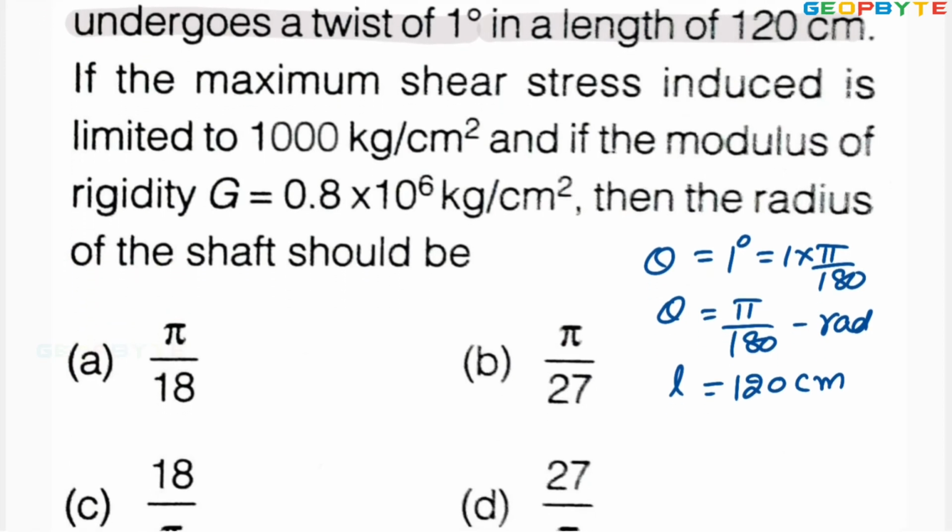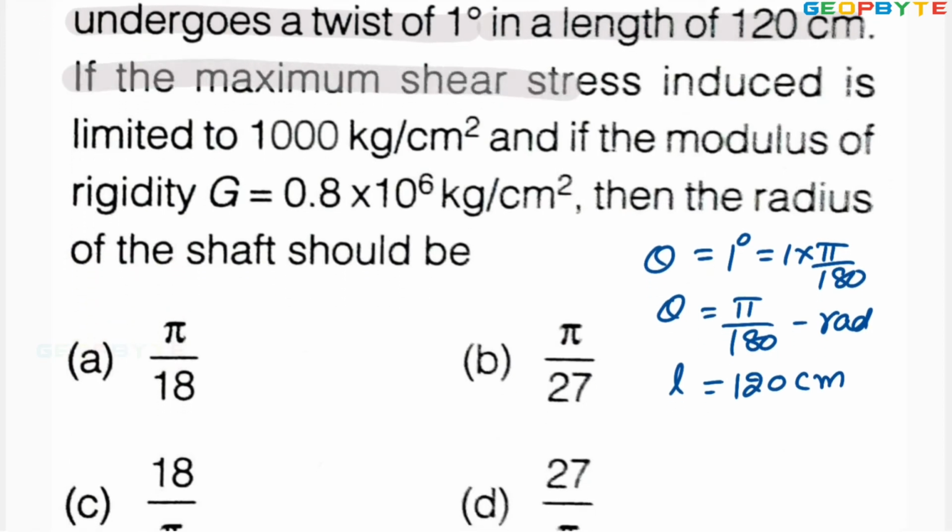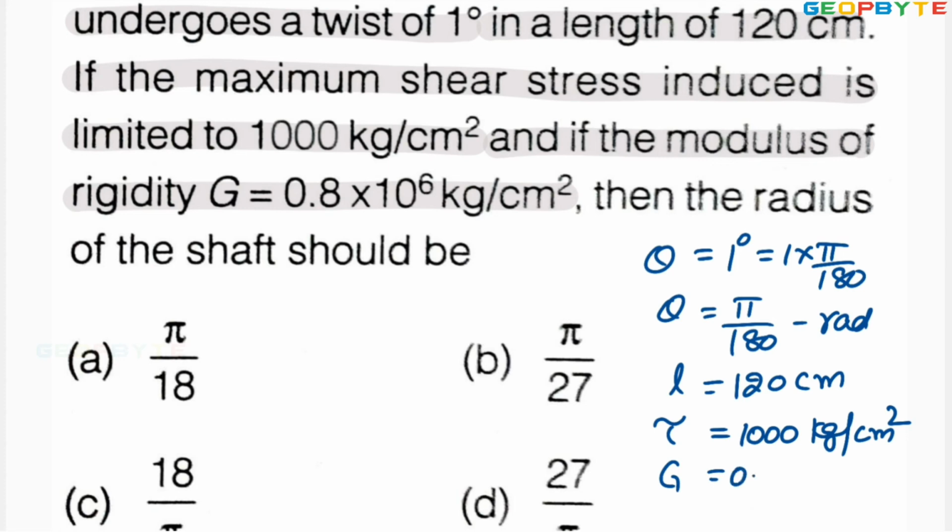If the maximum shear stress induced is limited to maximum shear stress tau equal to 1000 kg per cm square, and if the modulus of rigidity G equal to 0.8 into 10 power 6 kg per cm square, then the radius of the shaft will be.